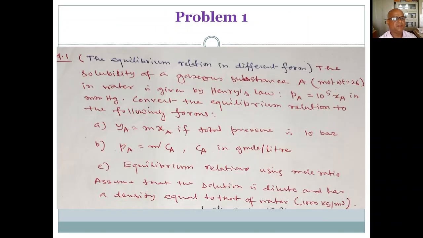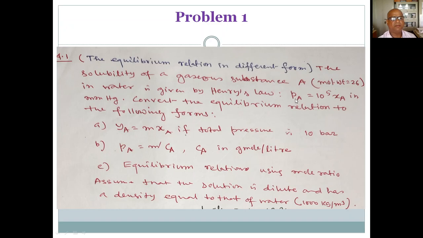So the first thing is about Henry law, and we said that Henry law is applicable for dilute solution cases. It is not necessary that the gas phase or liquid phase should be ideal, but in a dilute solution the concentration of solute is low, and then it is seen to be linear, and that is Henry law, y equals mx. But Henry law can be expressed in different ways, and you should know.